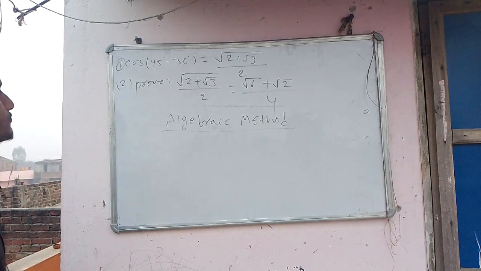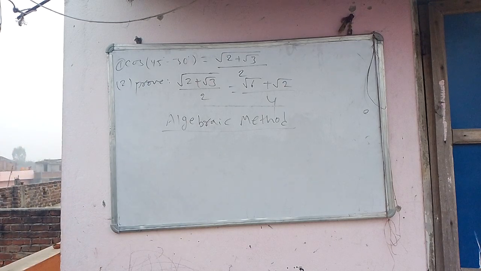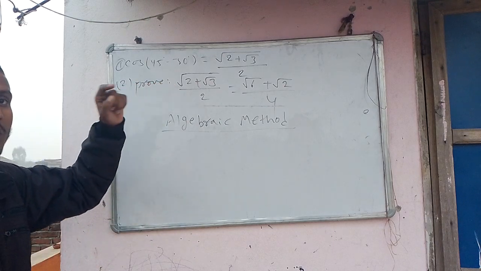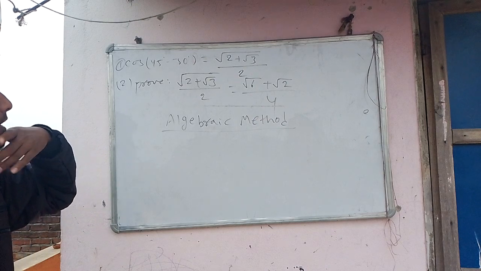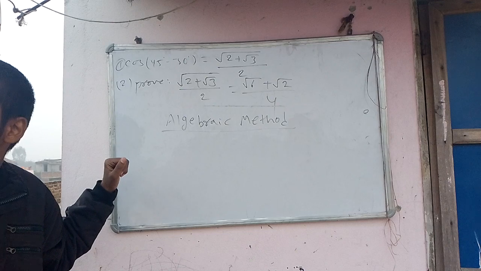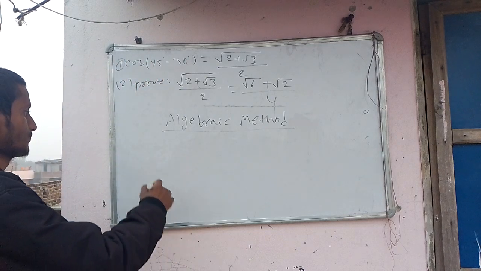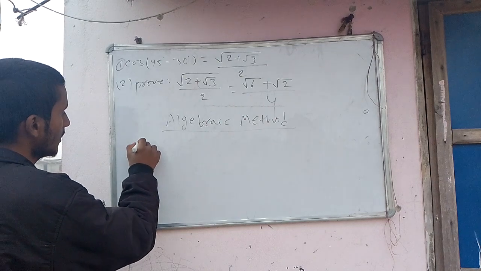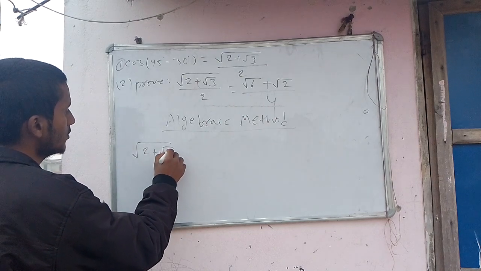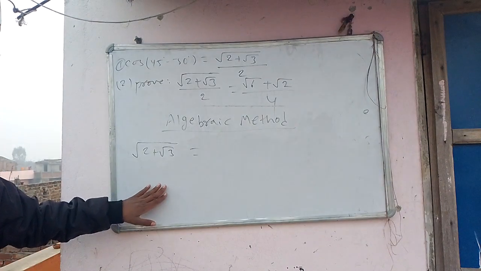Algebraic method. So the thing that we need to worry about is on the numerator. In the numerator we have something hard, messy. So we have the square root of 2 plus the square root of 3 on the numerator. We're going to change that to what?